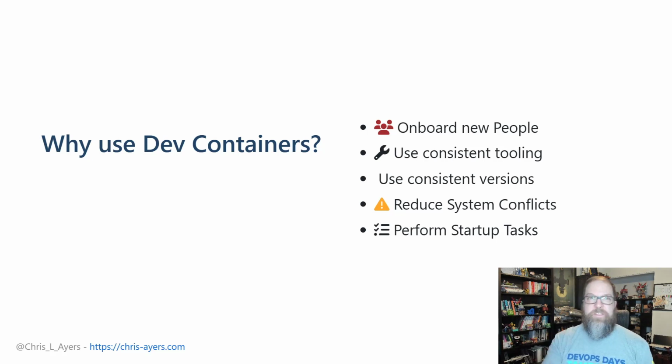So if I have to set up Node 14, 18 for this one customer, does it break this other tool that I'm using? Oh, I'm using the latest version of this tool for this thing, but now this other package broke. And so that can be a real pain, having to try to switch. That's why we have tooling like NVM and some of those, but it's still a pain and it's a problem.